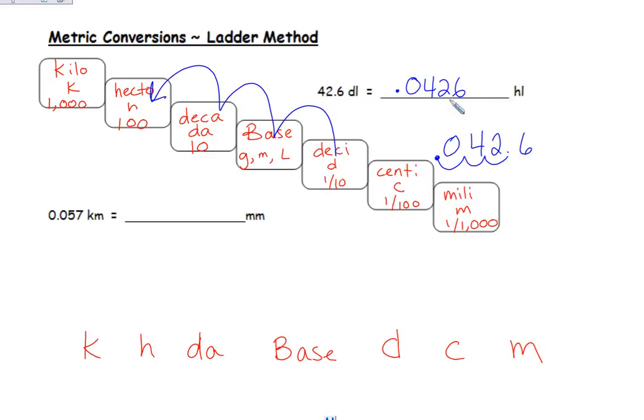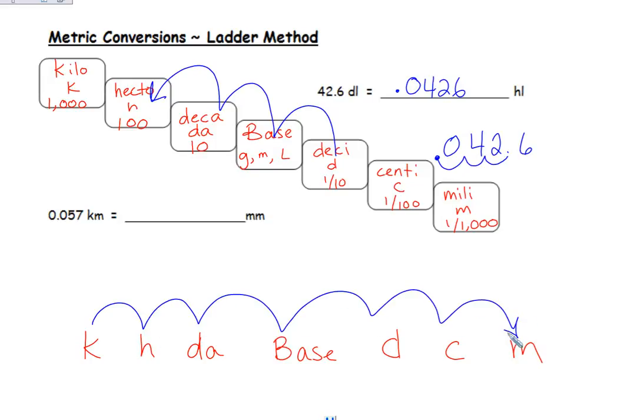So again, if I have this written down on my paper, kilo, hecto, deca, base, deci, centi, milli, and again, whatever mnemonic device you want to use to remember it, I've seen some creative ones, then all I have to do is find where I'm at. I'm at kilo. I want to go to milli: 1, 2, 3, 4, 5, 6.